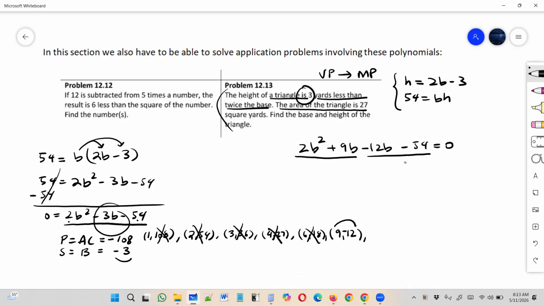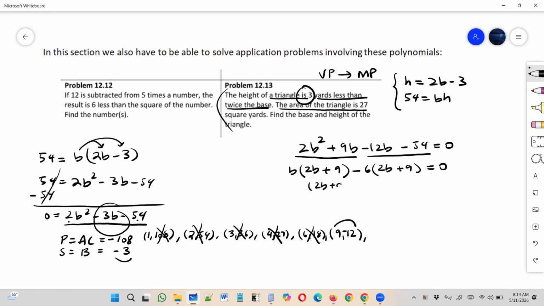Now factor by grouping, and we get b times 2b plus 9, minus, and I have to factor something here, right? What is that? Is that a 6? 2b plus 9. 2b plus 9 is a common factor.